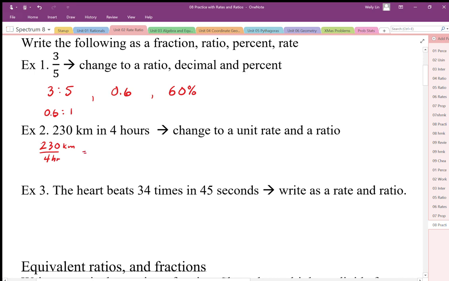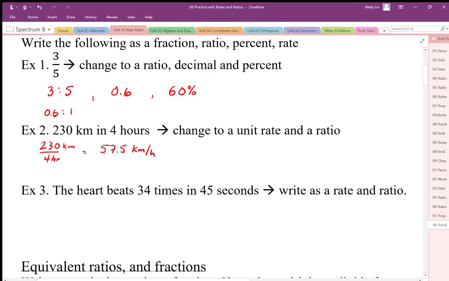So 230 divided by 4 hours gives us 57.5 kilometers per hour. And that is our unit rate.